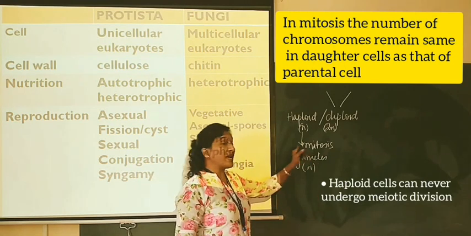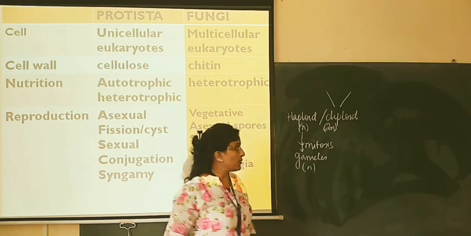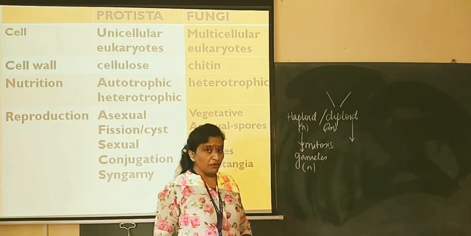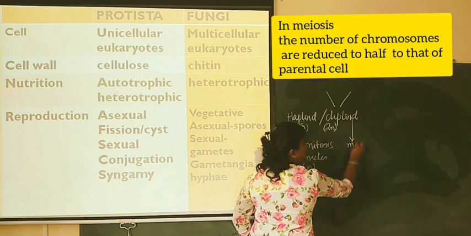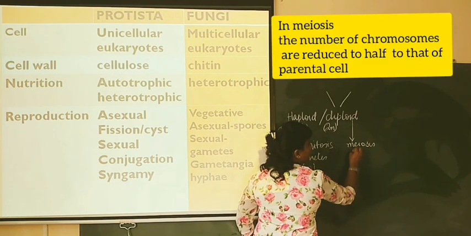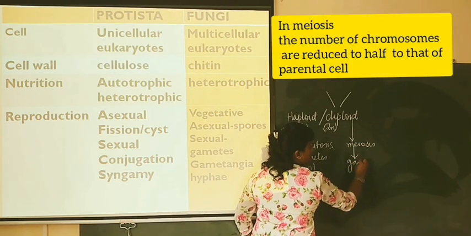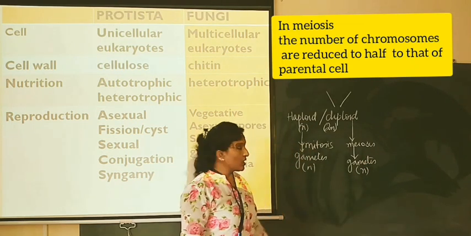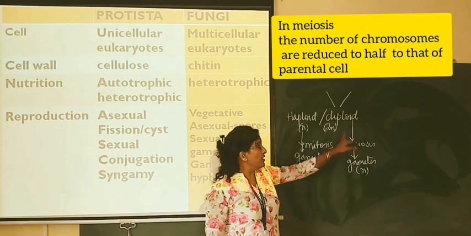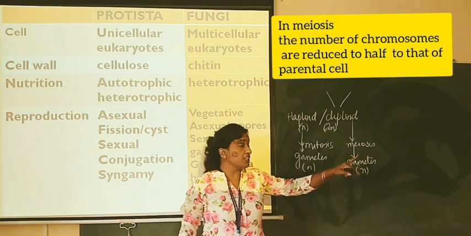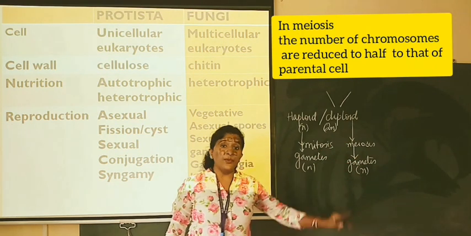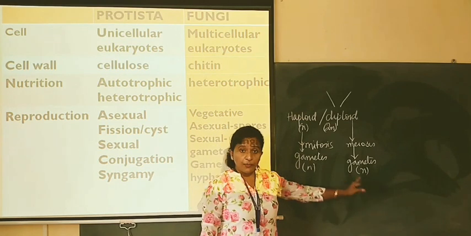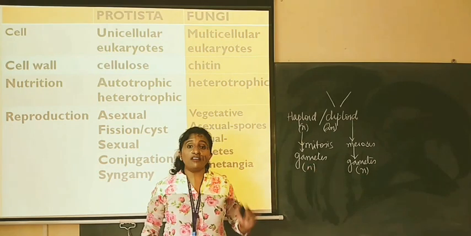Whereas the diploid organism, since they have two sets of chromosomes, will undergo meiotic division and release gametes that are haploid. So whether it is a haploid organism or a diploid organism, the gametes will always be haploid.